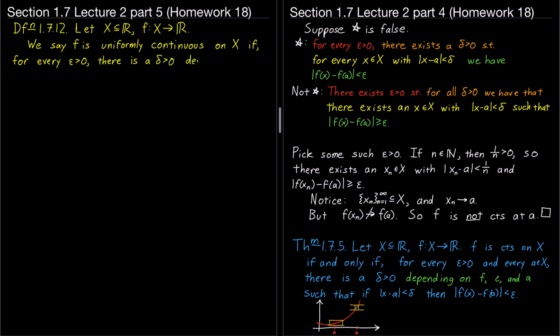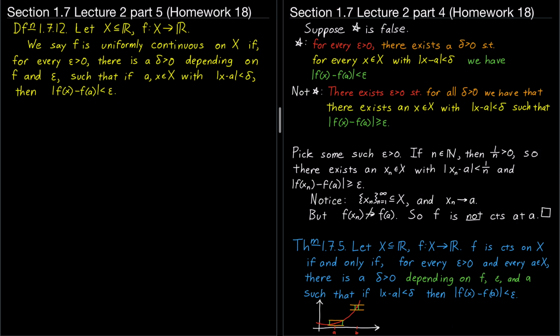That in this case is allowed to depend on your function f and your number epsilon, such that if a and x are two points in your domain that are a distance less than delta apart, then the conclusion is that f of x and f of a are a distance less than epsilon apart.